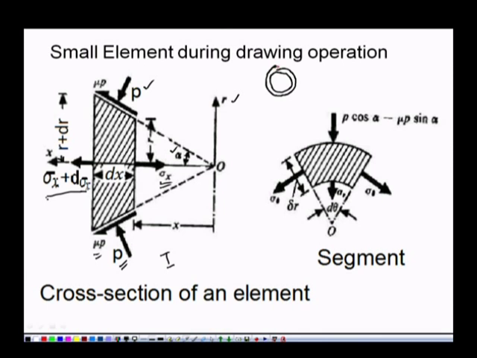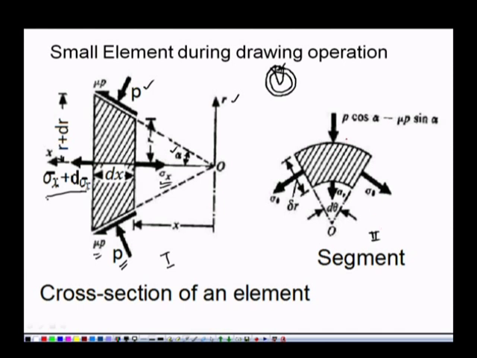In the second figure we are taking a small segment of this, which we are going to consider here.